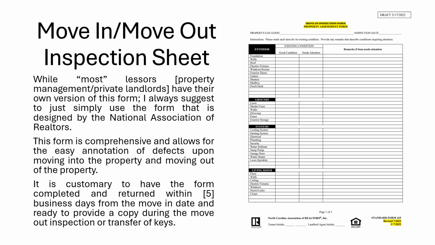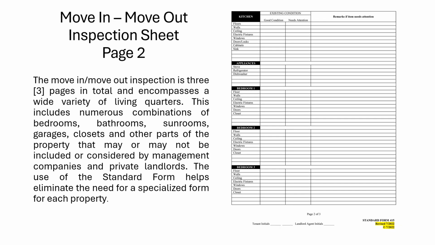Also, it is customary to have a copy ready in hand, actually 2 copies, when you're moving out, so that the move out inspection is completed with both parties. And as you look at the bottom, there are initials. Here is page 2 of it, and this document is 3 pages long as well.